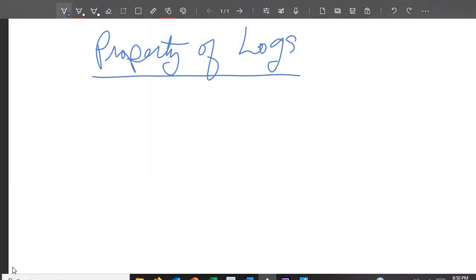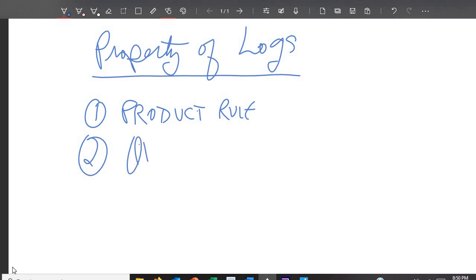There's something called the product rule. There's something called the quotient rule. And then there's something called the power rule.